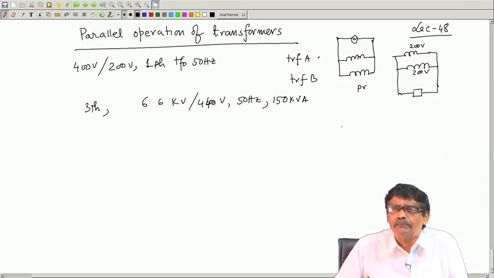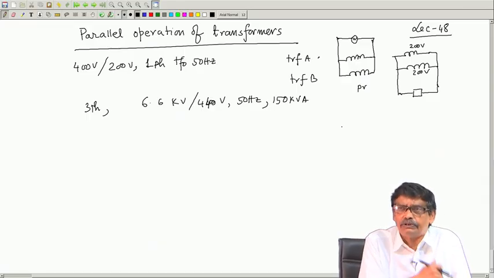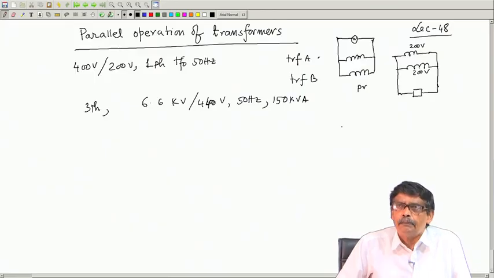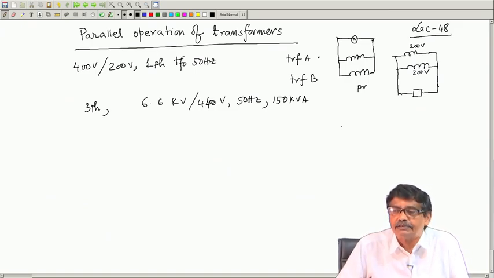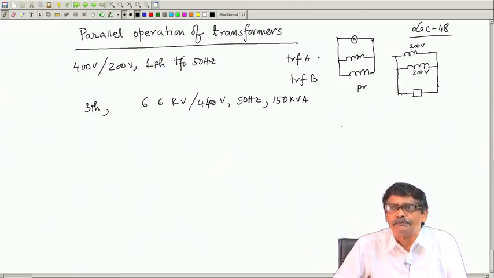So, one of them becomes faulty, you take it out, then the kVA you can supply will be less, no doubt, by one transformer's rating, but nonetheless some of the consumers may be supplied power. That is no mean thing.